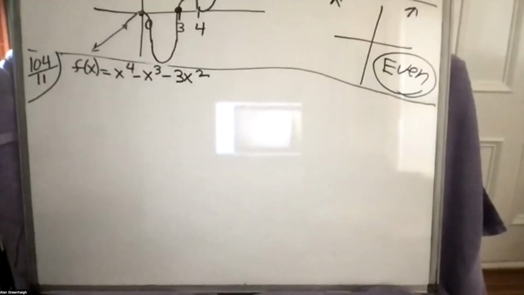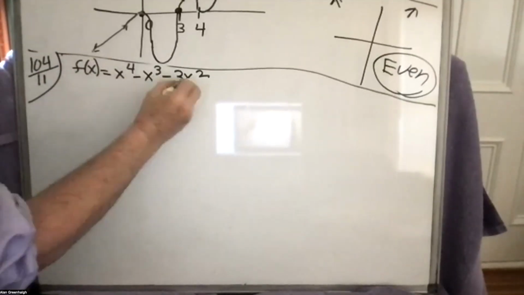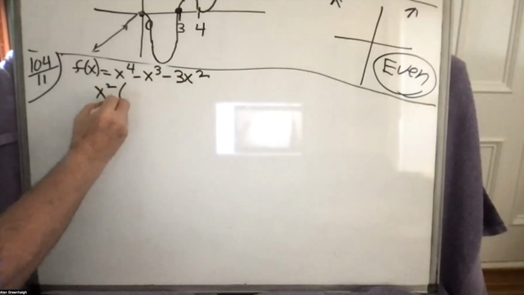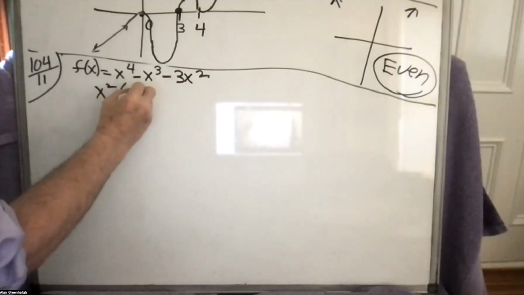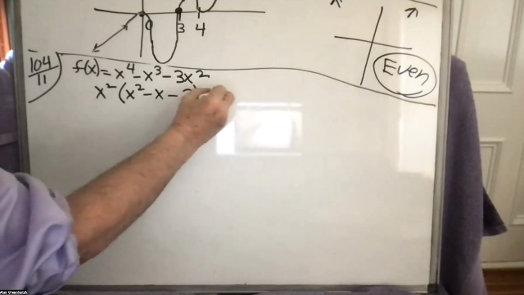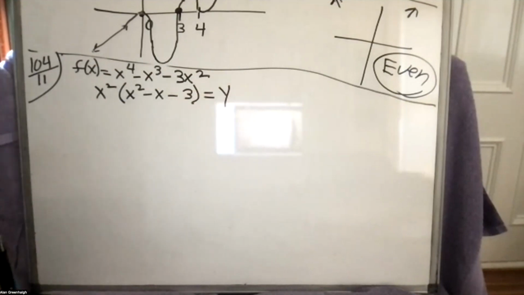Well, how do you factor this? Well, it's got a factor of x squared times x squared minus x minus 3, and that will be equal to y. Well, this is weird because you can't factor this.